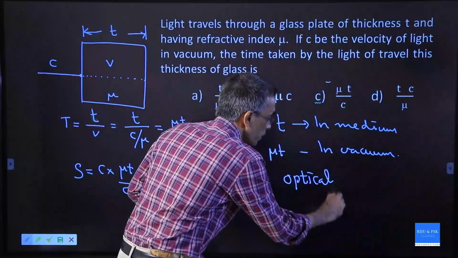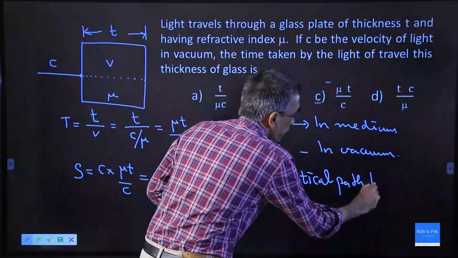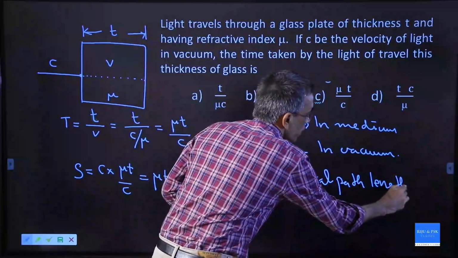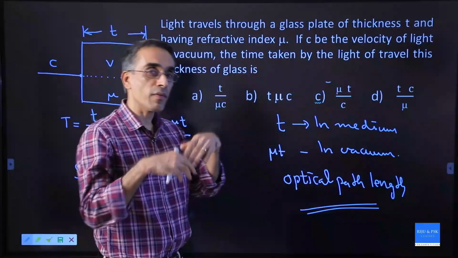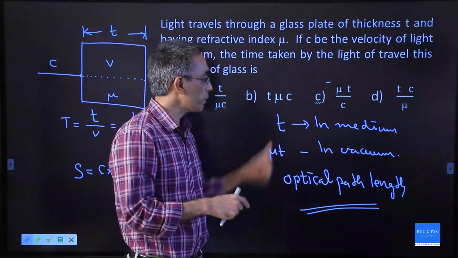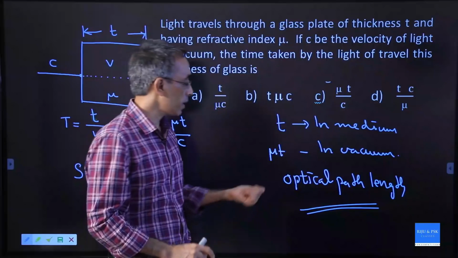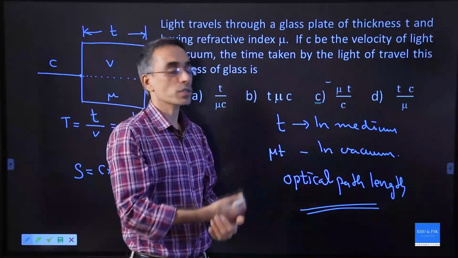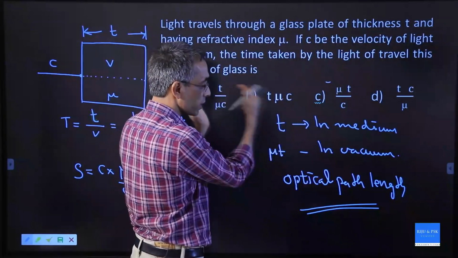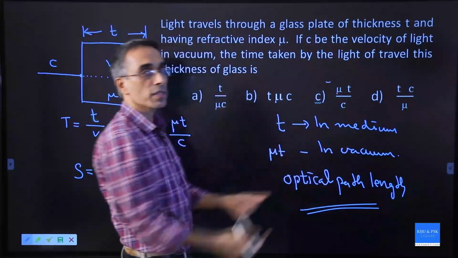It is called optical path length. Optical path is the distance light can travel in vacuum during the time it travels in another medium, and that is always distance in the medium into refractive index of the medium. See, distance in the medium is this thickness, in vacuum it is mu times the thickness.